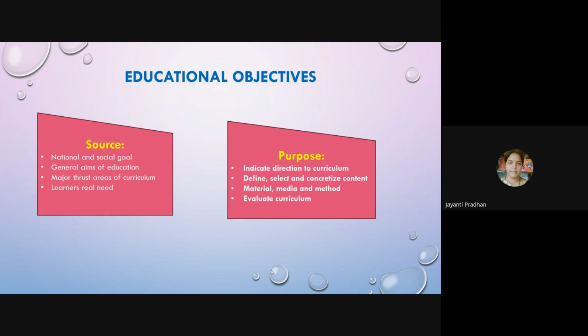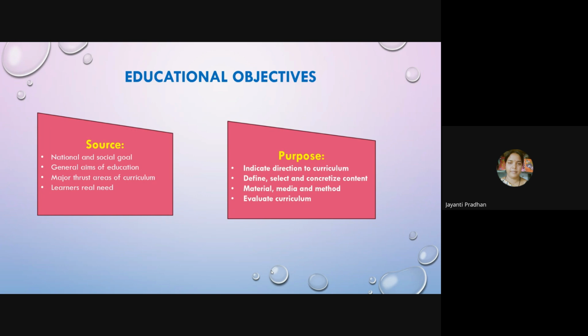Then equality of sexes, protection of the environment from pollution, then removal of social barriers, then family norms, that is small family norms, then inculcation of scientific temper that provokes development in the scientific field. So all these are part of the core components defined in NPE 1986.